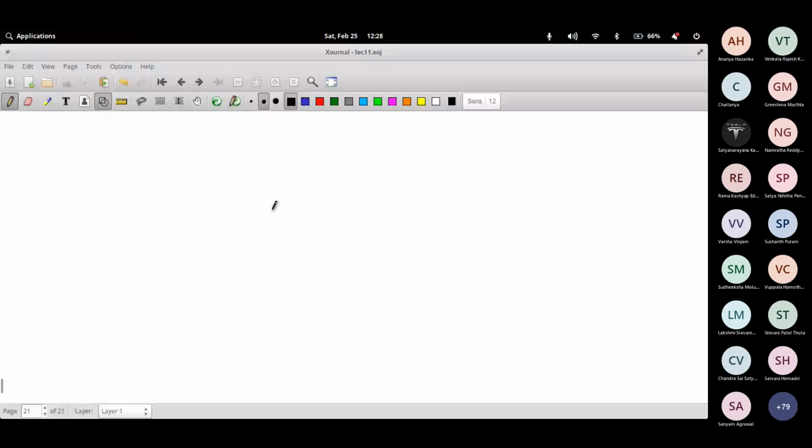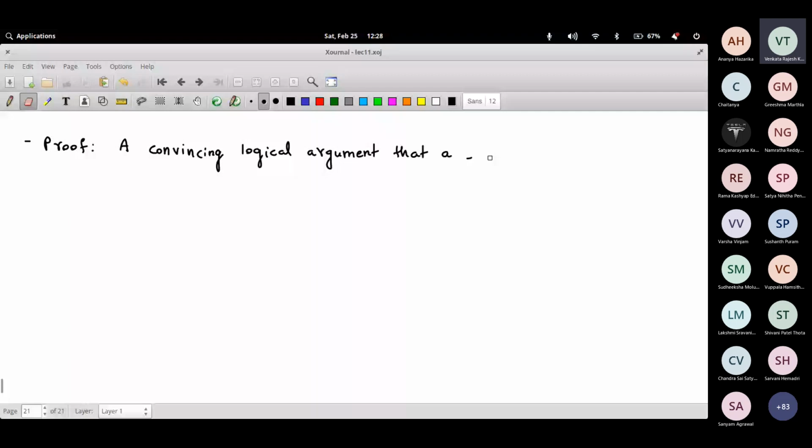Then what is a proof? It is a convincing, logical argument that a statement is true.